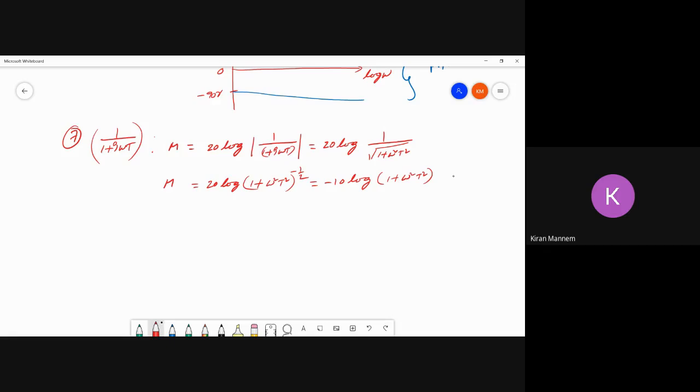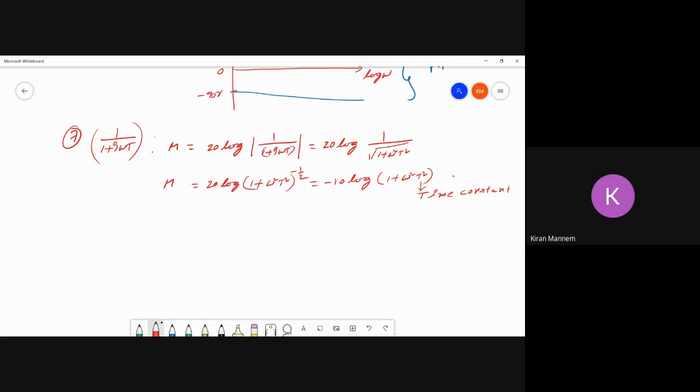So here we have one interesting point of this magnitude. We have some parameter called time constant t. So this is your time constant t. Because of this parameter, we should do some more analysis on this magnitude plot.